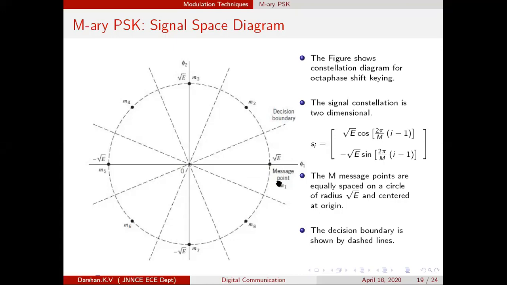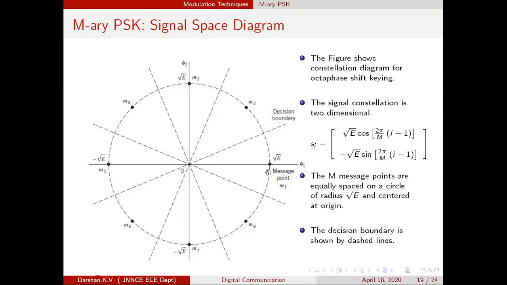Just observe. You want to calculate the probability of error. You calculate the probability of error considering that signal 1 has been transmitted. That is one probability of error. Again, you calculate the probability of error considering M2 has been transmitted. Then you calculate the probability of error of the system considering M3. So you need to iterate the probability of error calculation for all the 8 messages.